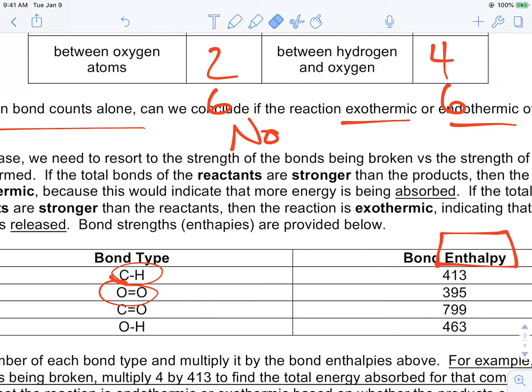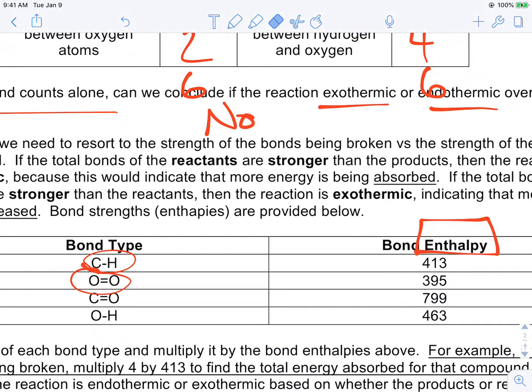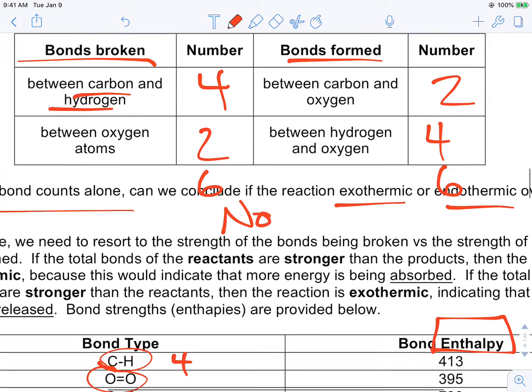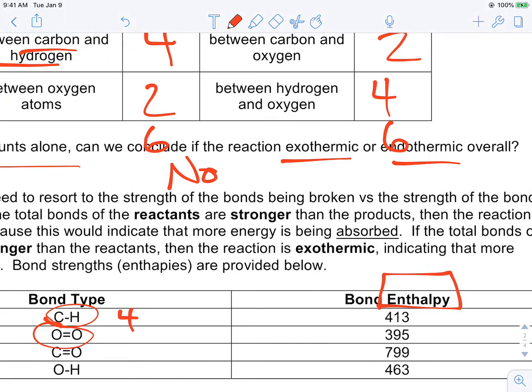So all we got to do is figure out how much energy we have on each side to see whether or not more energy was taken in to break bonds or released to form bonds. So what we're going to do is just take our number of each type of bond, multiply it by the strength value, and then we'll weigh each side. There's 4 CH bonds according to our chart, so 4 times 413 is what we're going to have to compute.